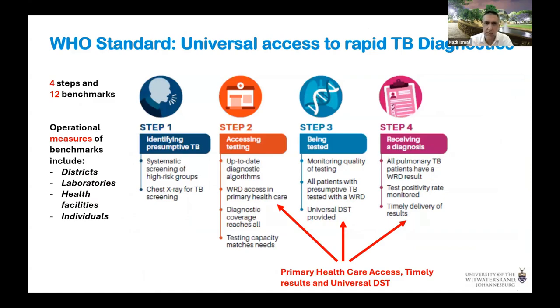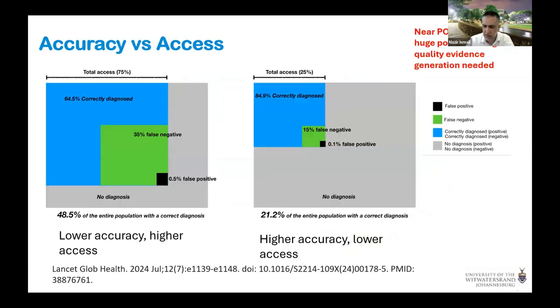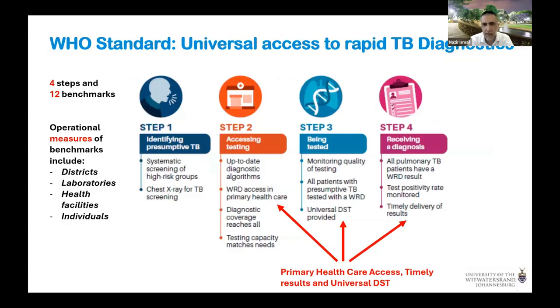Going specifically to the universal access standard, there are 12 benchmarks, but for today's discussion, there are 3 I wanted to primarily point out. The first one is on WRD access in primary healthcare, in step 2. Step 4 is the timely delivery of results, and step 3 is related to universal DST.